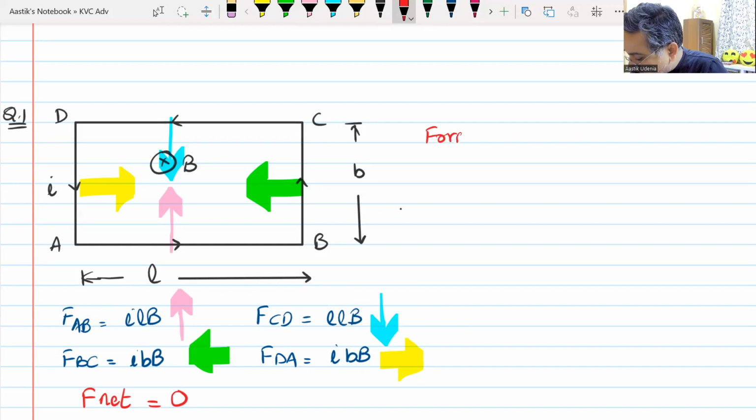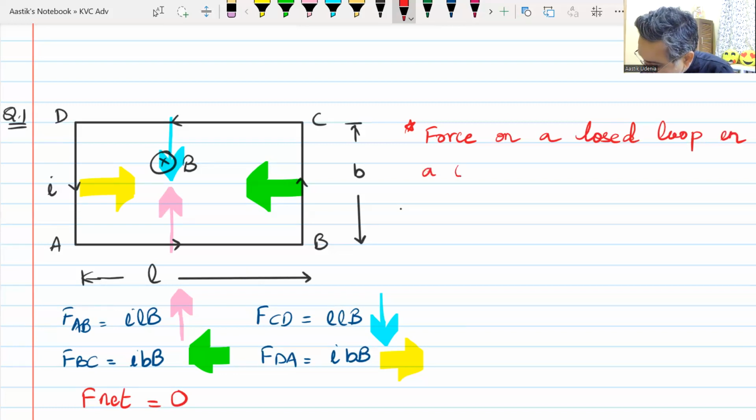An important point: we have done it for a very simple case, but even if we do it for a complicated case, any loop, you will get the same answer. Force on a closed loop placed in a uniform magnetic field is 0.